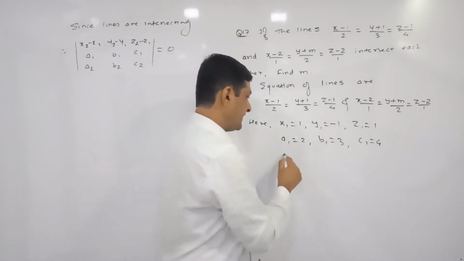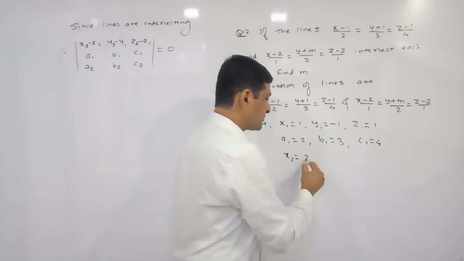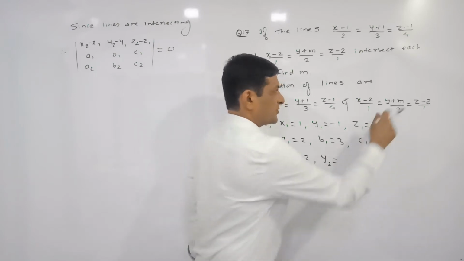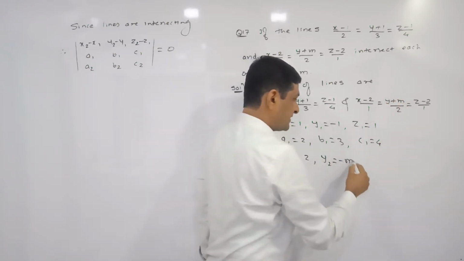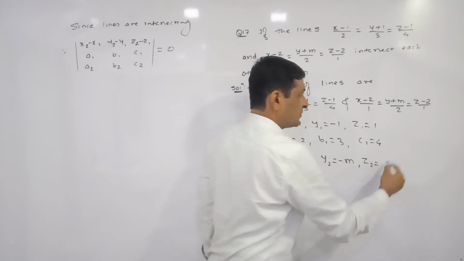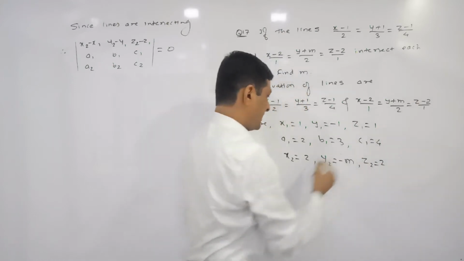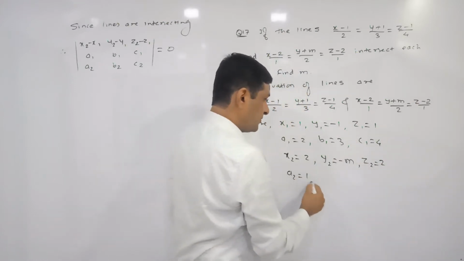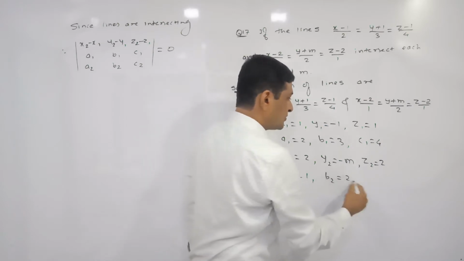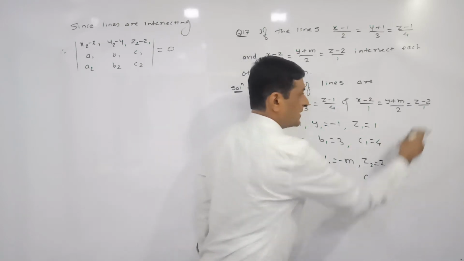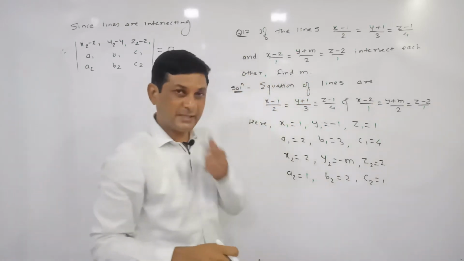Now from the second line, x2 will be equal to 2, y2 will be equal to -m, and z2 is equal to 2. And a2 is equal to 1, b2 is equal to 2, c2 is equal to 1. All these values we have got from the second equation.